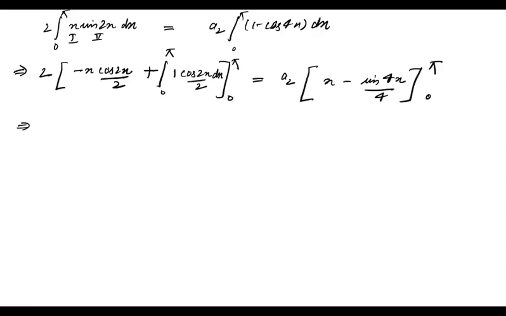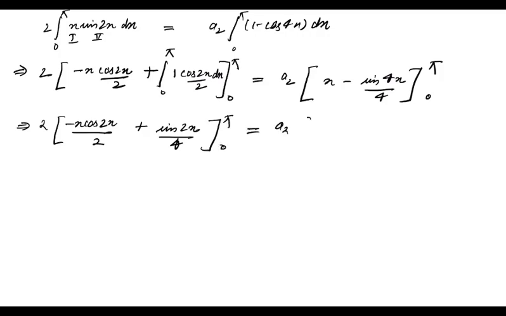Again you will solve this: minus x cos 2x by 2, and the integral of cos 2x will be sine of 2x by 2, so it will become sine of 2x by 4, limits 0 to pi. Then you just have to put in the limits, so it will be pi minus sine of 4 pi by 4 minus 0.